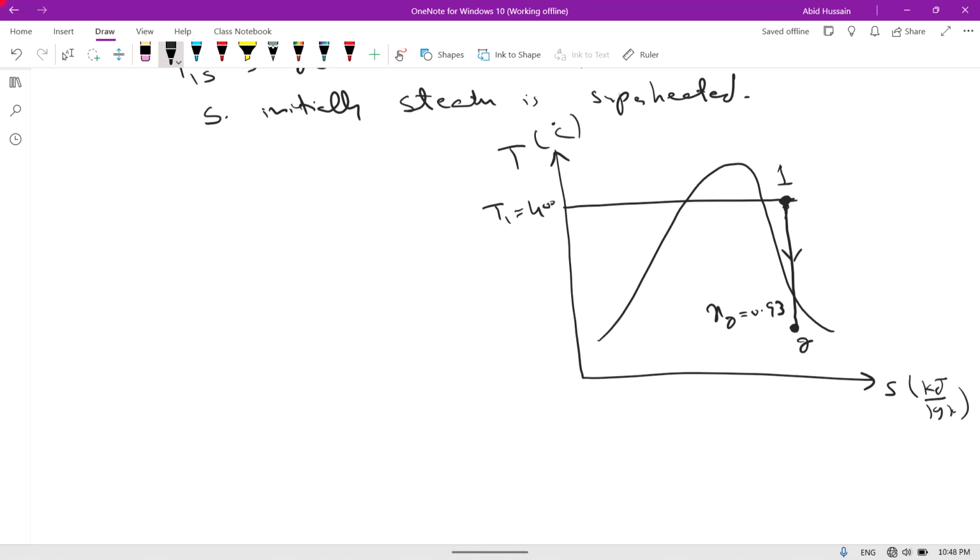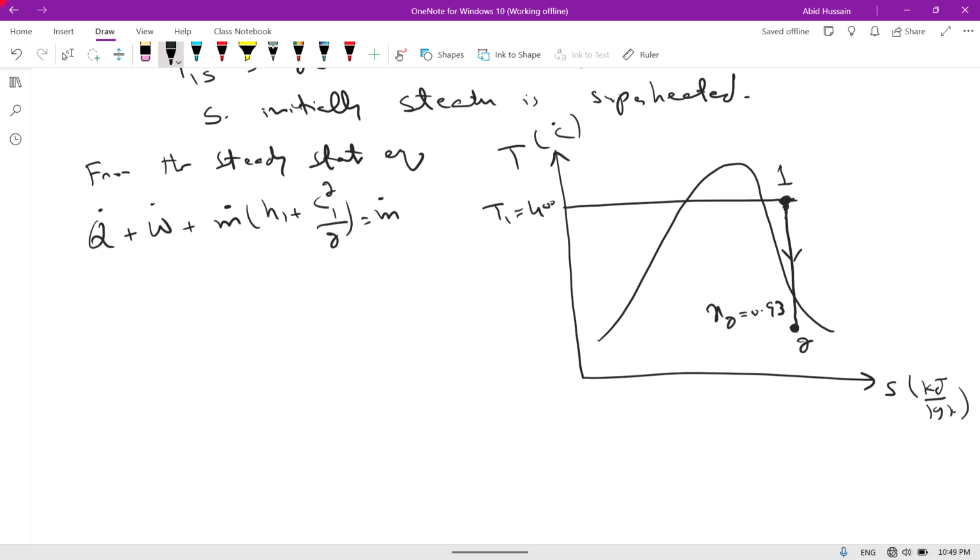Now we find work, power output and change in entropy. For power output we will use the steady flow equation: Q dot plus W dot plus m dot times H1 plus C1 squared divided by 2 is equal to m dot times H2 plus C2 squared divided by 2.